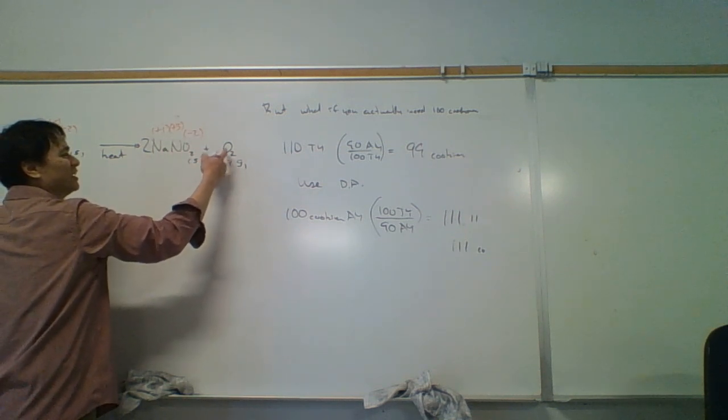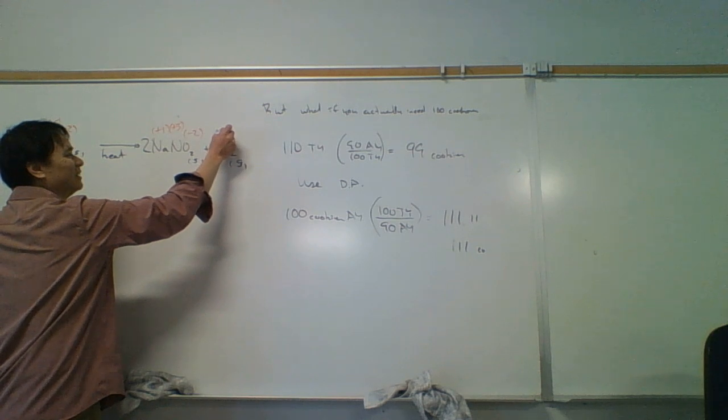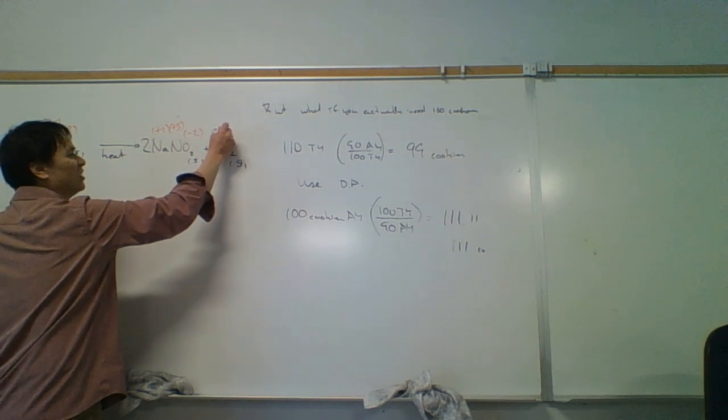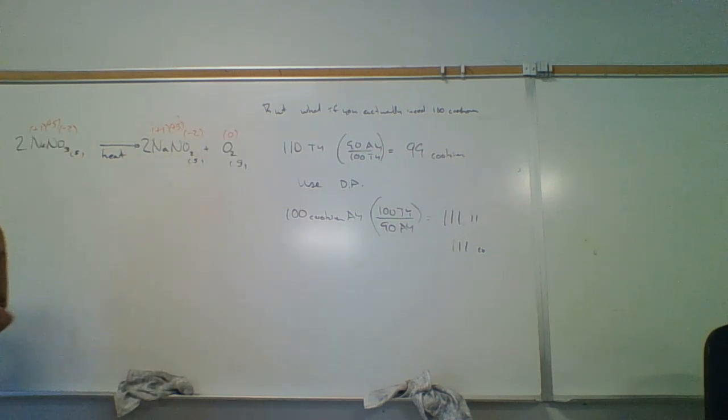And then oxygen over here is 0. You know, 0 times 2 is 0. It's just got to be. And so this is what happens as you heat things up, kinetic energy goes up and this kind of stuff.